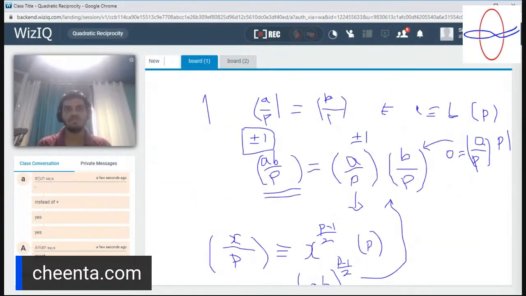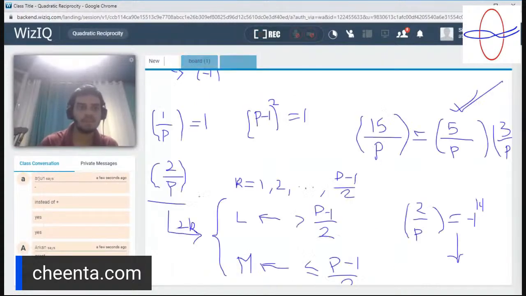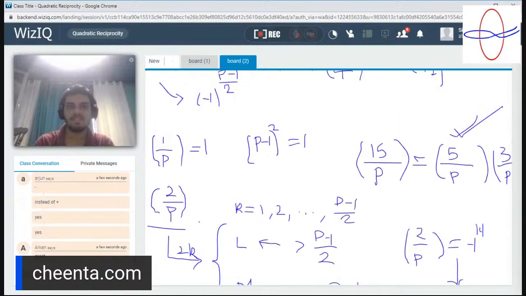The first two were direct. If a is congruent to b, then (a over p) is equal to (b over p), and the Legendre symbol is multiplicative in nature. Then finally we have some values here.